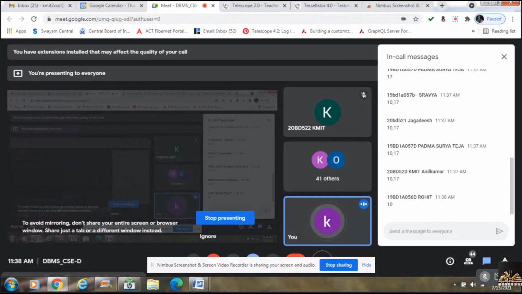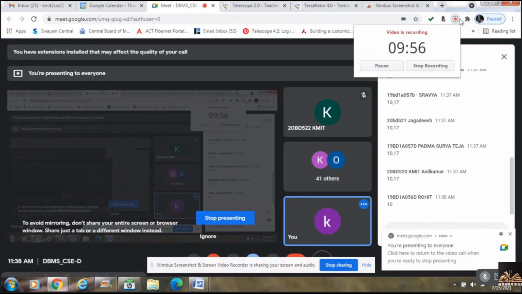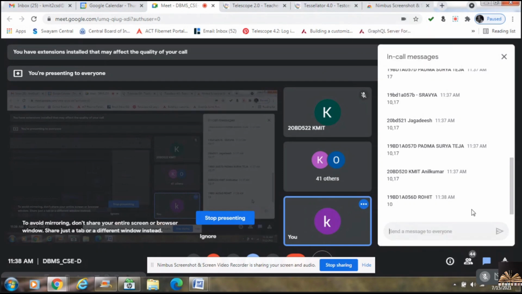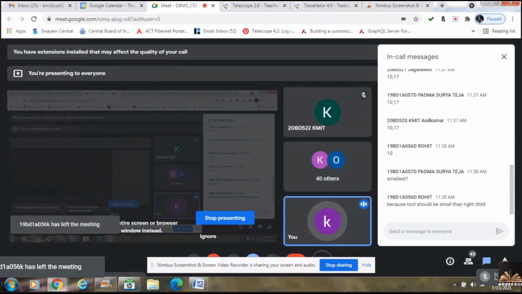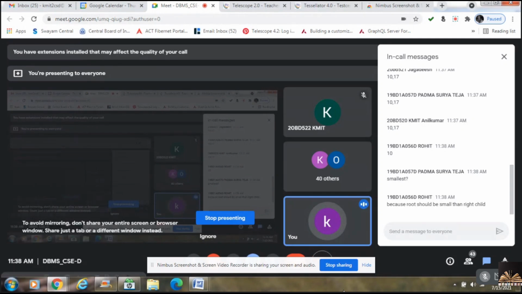Why not 17? Smallest, but I did not specify anything. It should follow the concept of smallest to largest or largest to smallest, because root should be smaller than right child. That is the condition I have put.